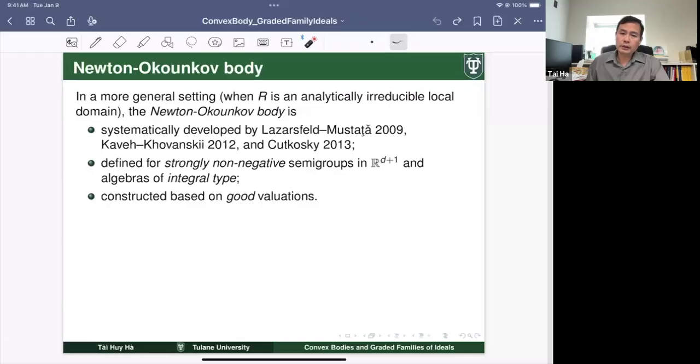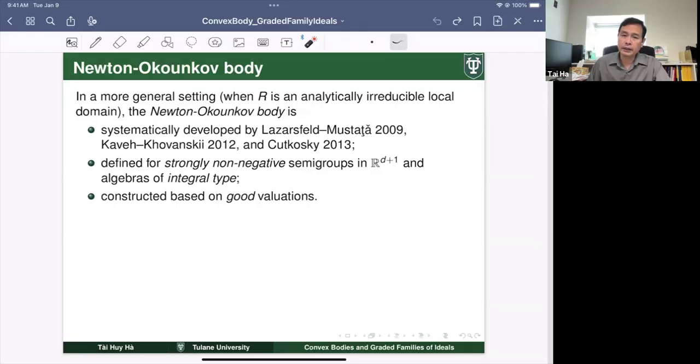So as I mentioned, the geometric object in this line of work that has been looked at is the Newton-Okounkov body. The Newton-Okounkov body is defined in a much more general setting, when R is not necessarily a polynomial ring, but rather R could be an analytically irreducible local domain.